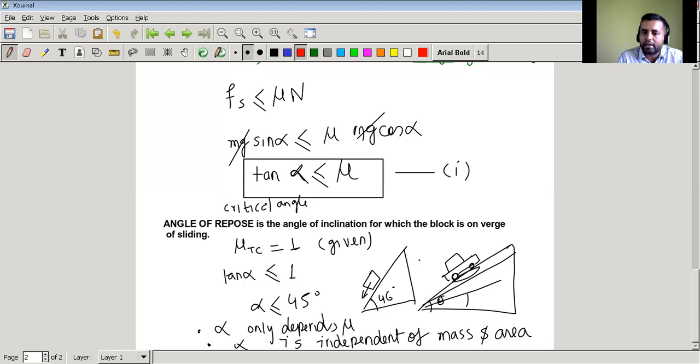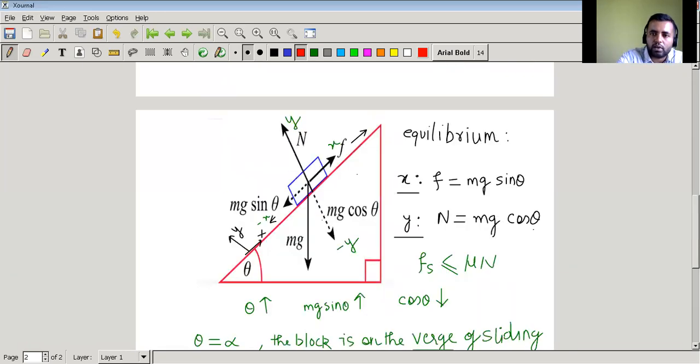What I mean is that the bigger car will have more mass and thicker tire, so mass and area will be more. But if the material of the tire is the same, the angle of repose will be the same. That means if 45 degrees is the angle of repose for this smaller car, and if you put a bigger car also having the same material of tire, its angle of repose will be 45 degrees only. Okay, independent of this.